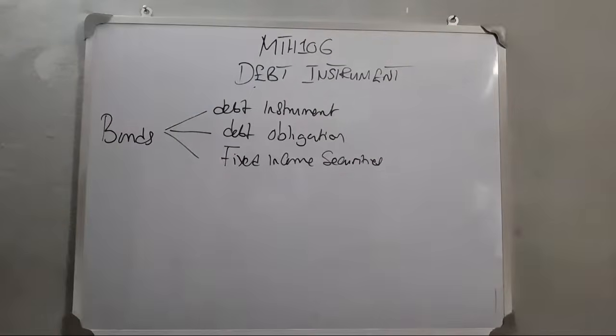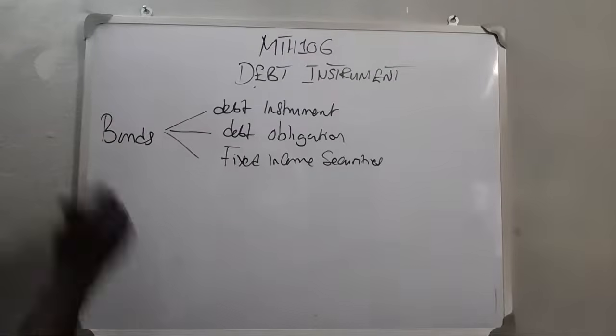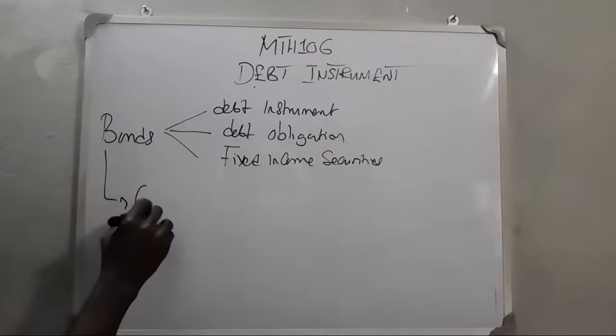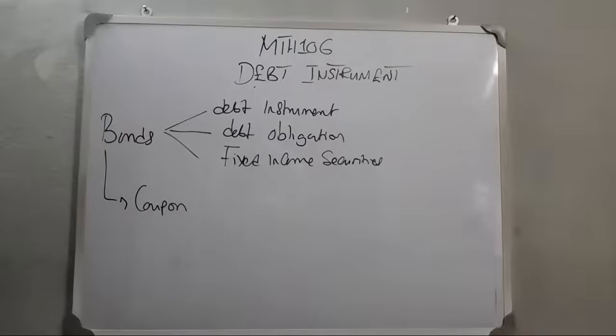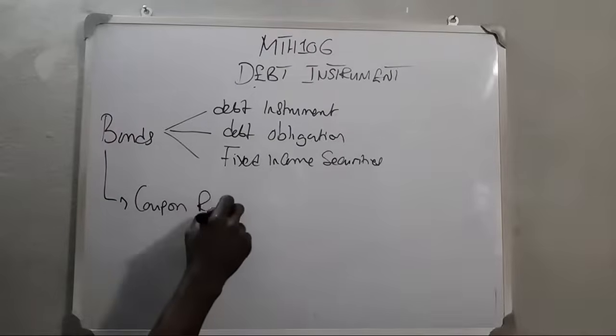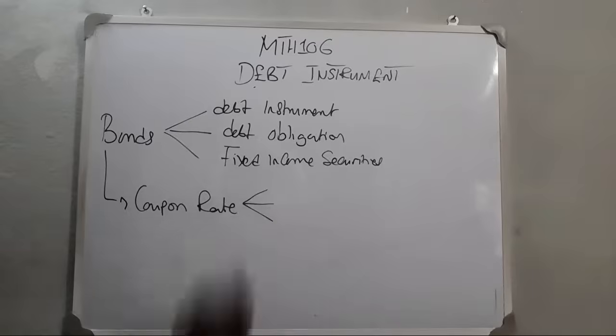Now, let's talk about characteristics of a bond. We have coupon, coupon rate. The rate of interest that a bond pays to the bond holder is called the coupon rate.